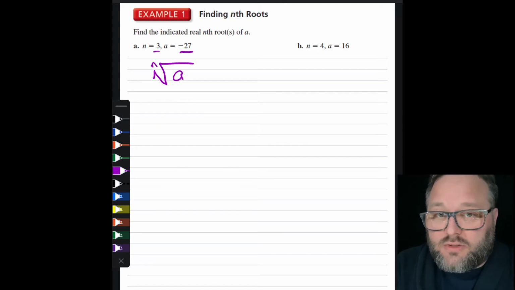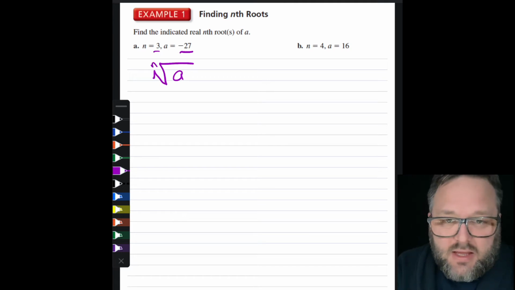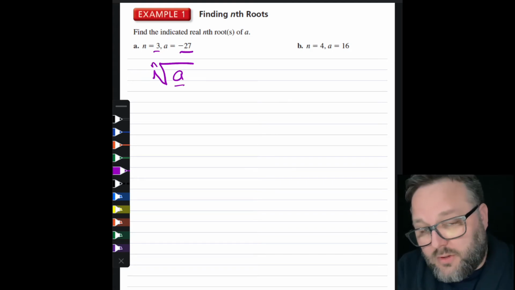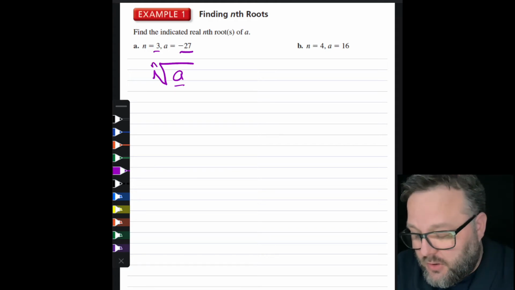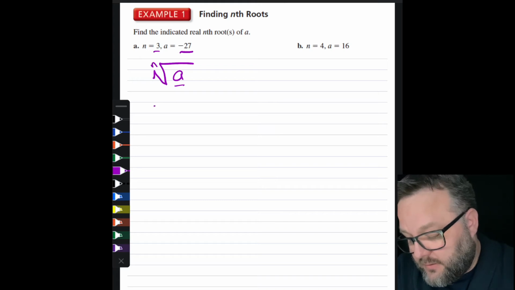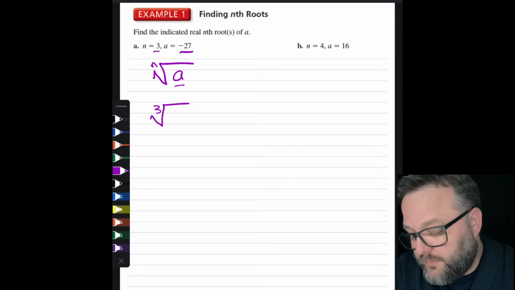If you want to connect those two just to have an idea of what we're talking about, that's fine. It's not actually the base, but I get the association to help you think. If you're not thinking that way, understand that this is the radicand, but the root belongs to the radical. So the n goes on the outside. So how I'm going to use that is the 3 radical 27, or the cube root of -27.